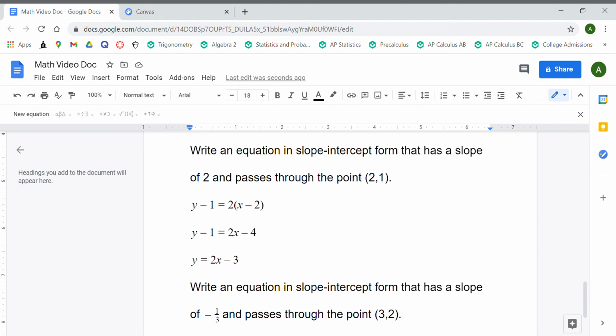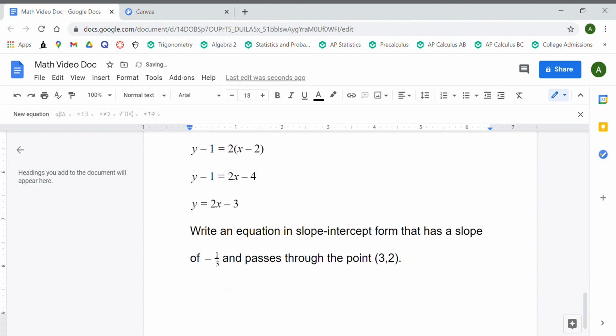Okay, that's plenty of time. Alright. So we have y minus, let's do it right this time, y coordinate is 2. Slope is negative 1/3 multiplied by the difference of x, and x coordinate is 3.